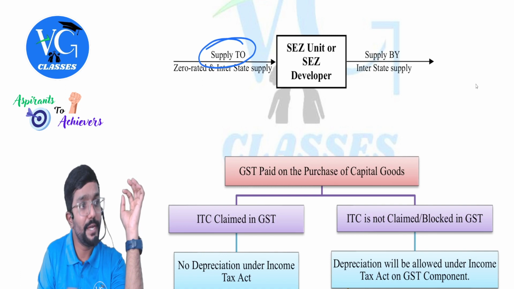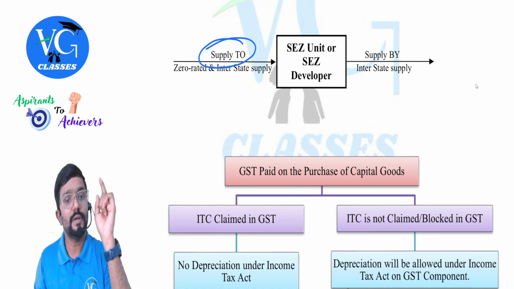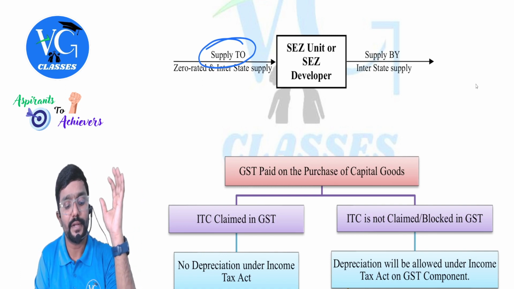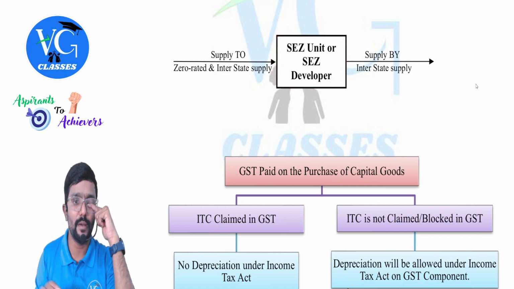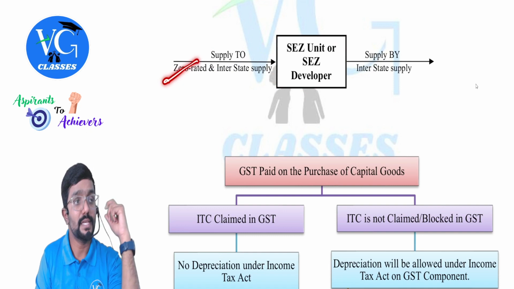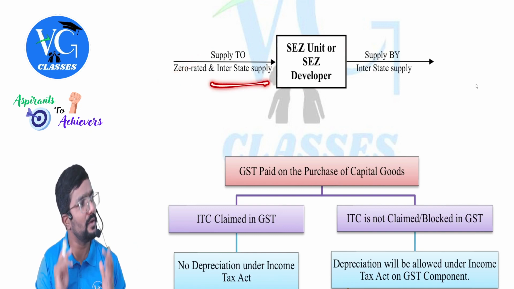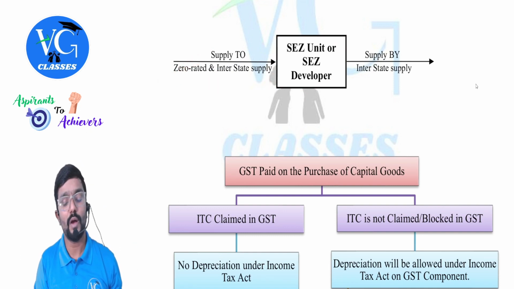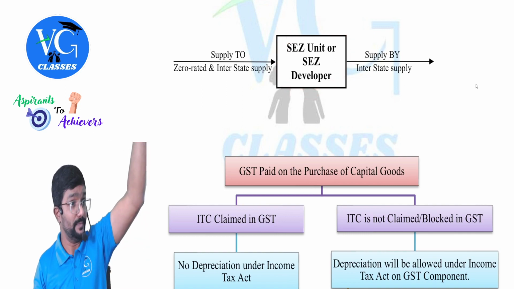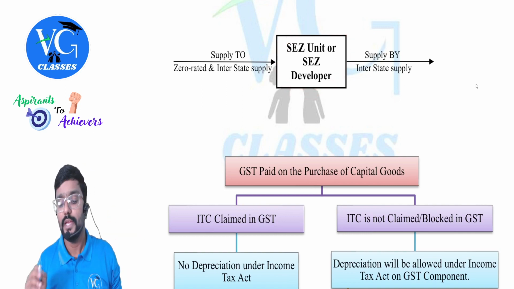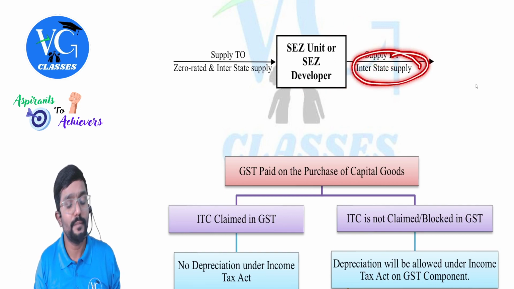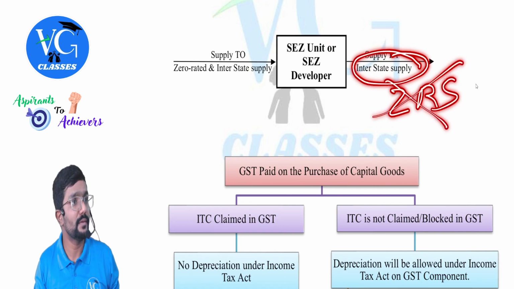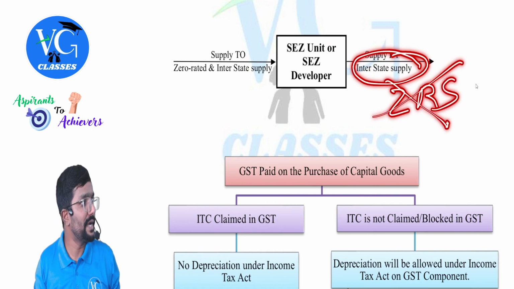If there is any supply to an SEZ unit or SEZ developer, what do we call it? Zero rated. Is it interstate supply also? Yes. But sir, what if there is supply by them? If there is supply by an SEZ unit or SEZ developer, what is it, guys? Interstate. But it is not zero rated supply.